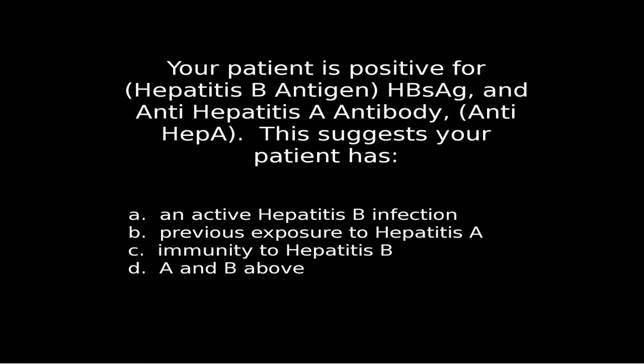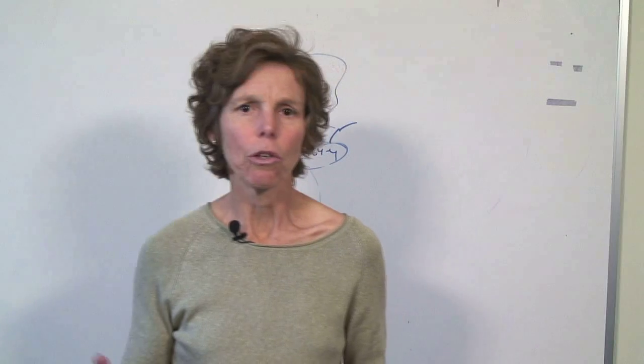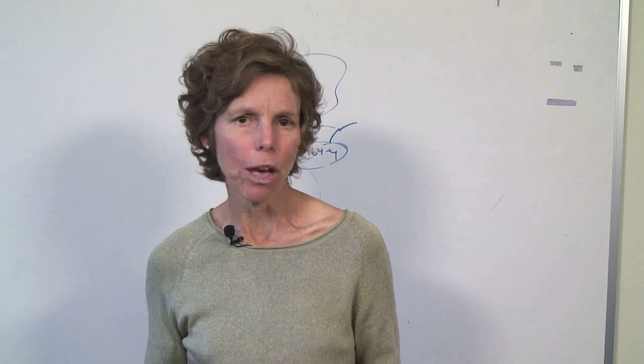Number 12 is your patient is positive for hepatitis B antigen. I don't say anything about hepatitis B antibody, just the antigen. And they also have anti-hepatitis A antibody. So this suggests what? This is a great question, because you get these kinds of questions all the time. If you have an antigen, that means it's in your body, that means you got infected.